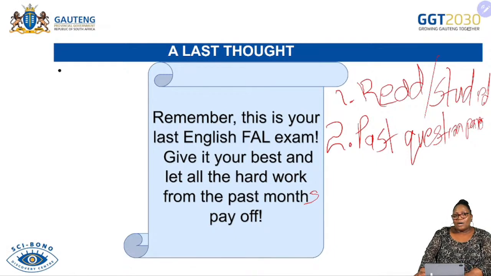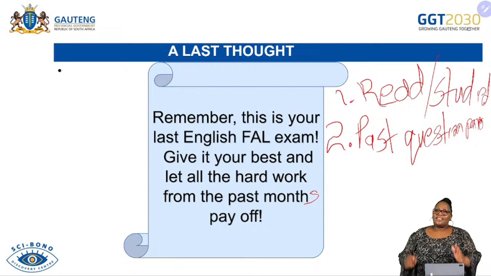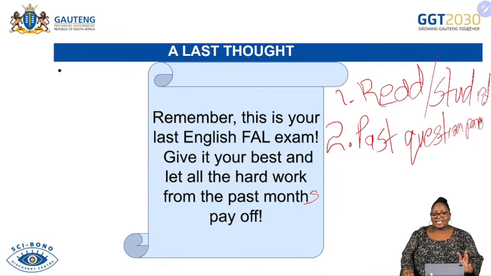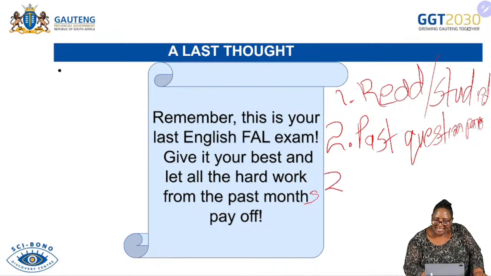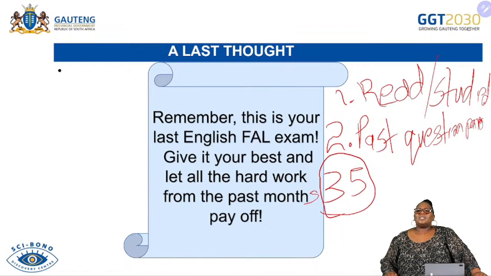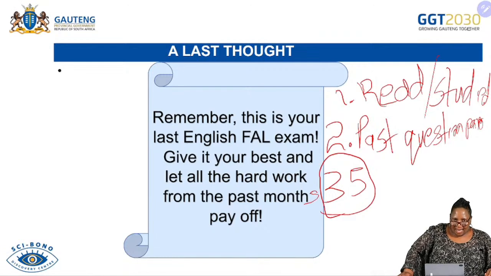We are writing for how many hours? For 2 hours. So take the first section, your section A or B or C or D, for 35 marks. You set your alarm and you sit down and write as if you are in the exam.